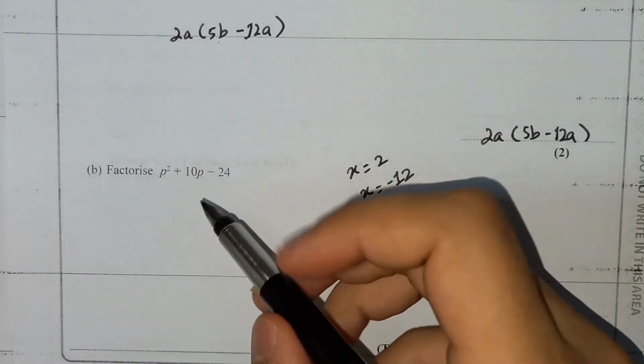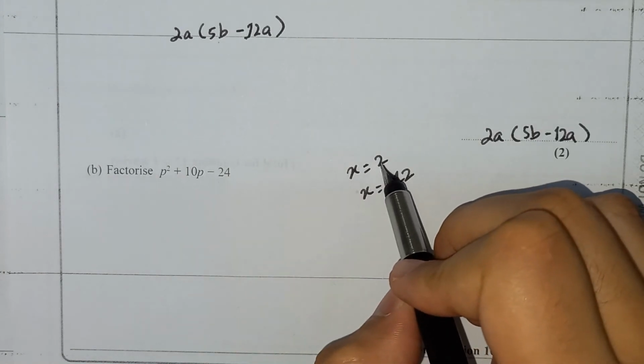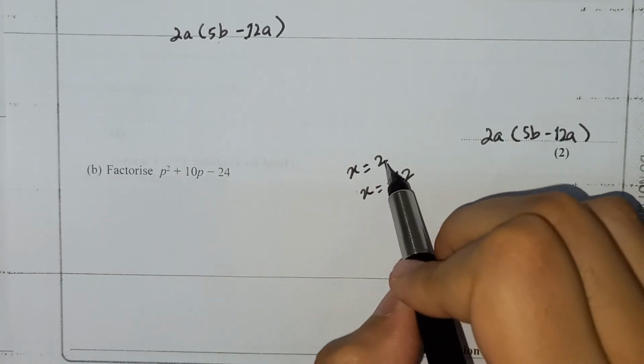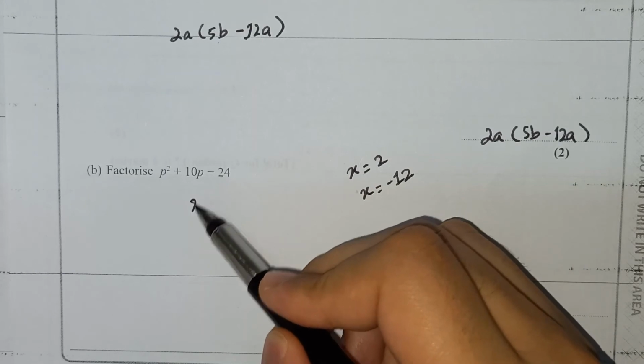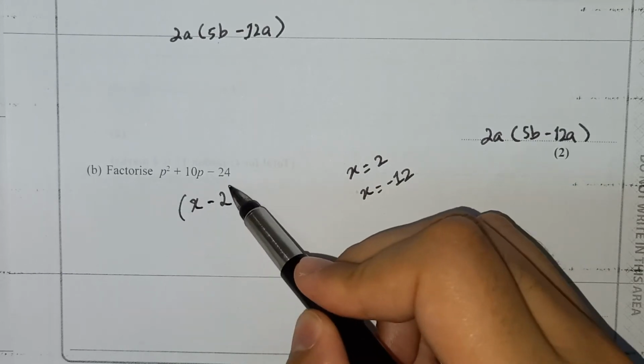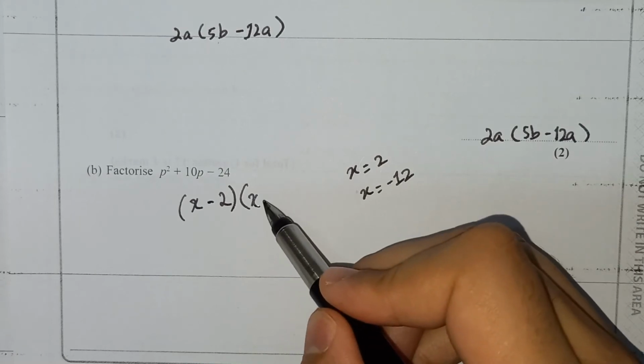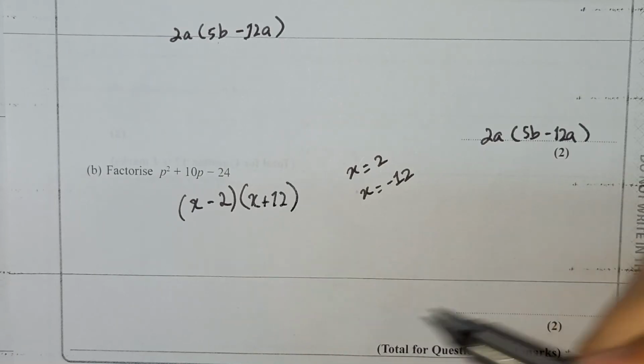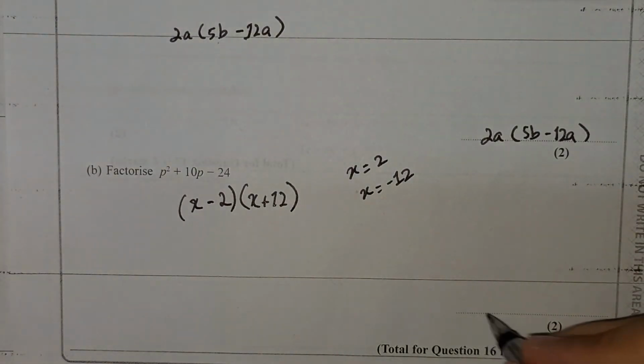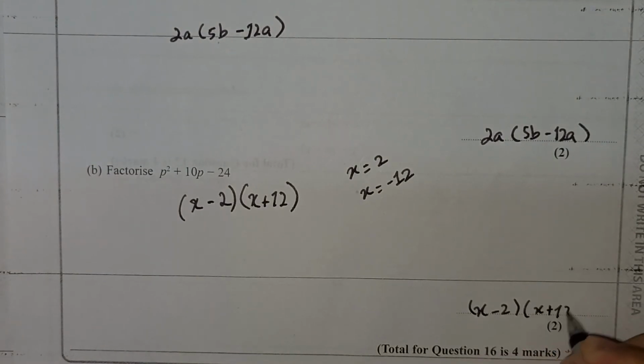So what you need to do is bring this to the other side of the equal sign. You will get x minus 2 and multiply it by doing the same. These are your factors, and here is your factorized equation.